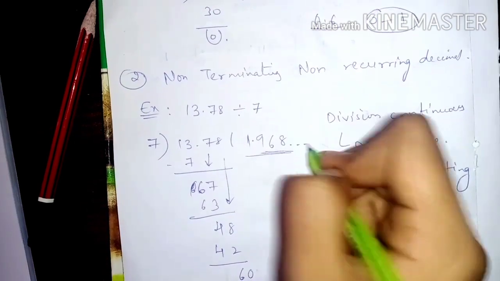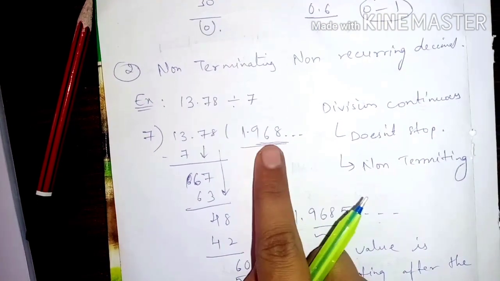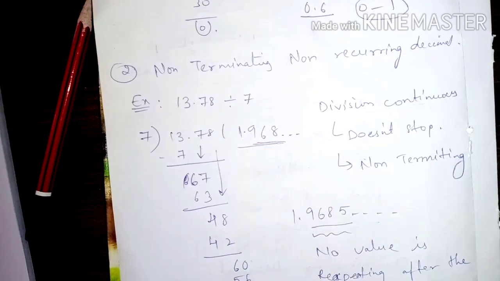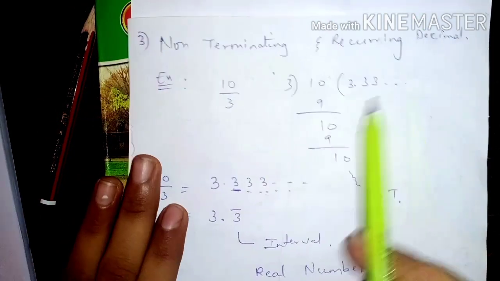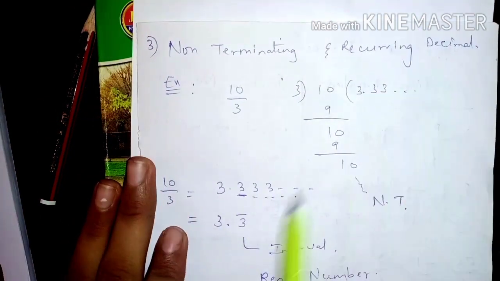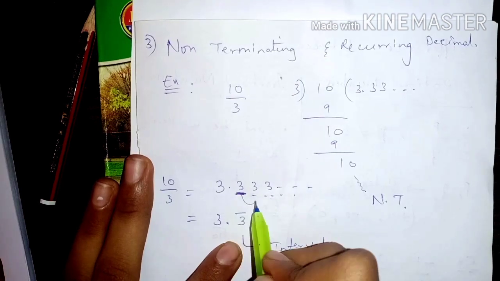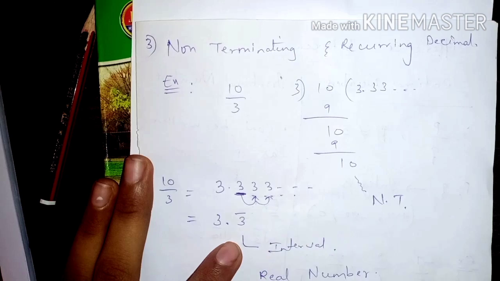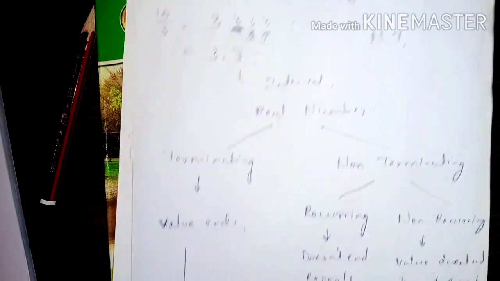It has a few values here, and the value doesn't repeat after a point. So this is non-recurring. In non-terminating recurring, non-terminating implies it doesn't terminate and recurring means it repeats after a particular interval. Here after one interval this is repeating, after one interval this is repeating. So these are non-terminating recurring decimals.